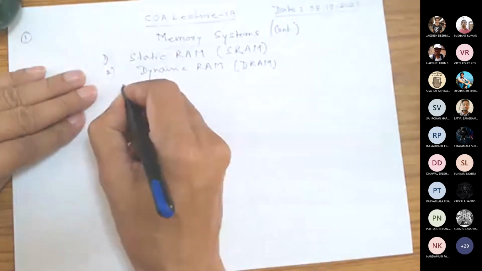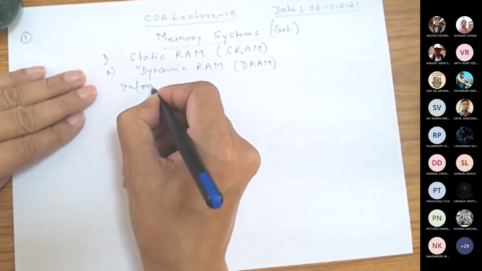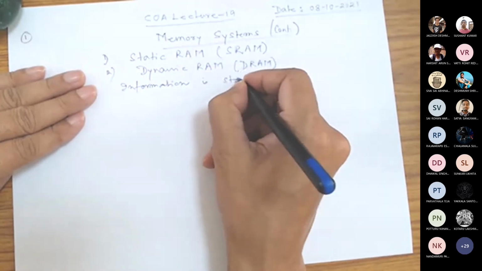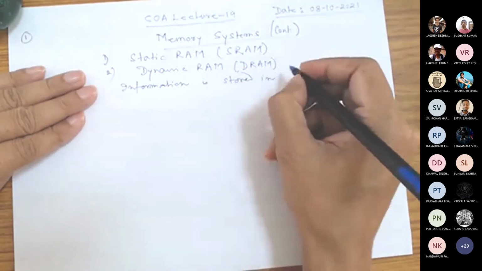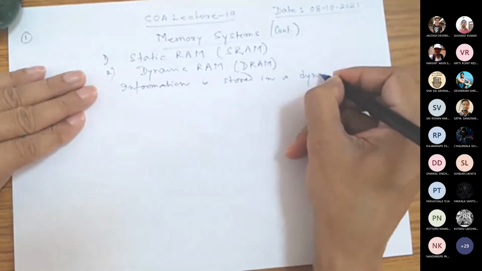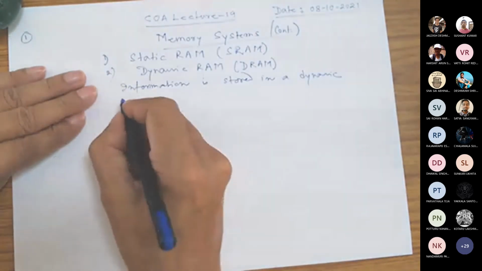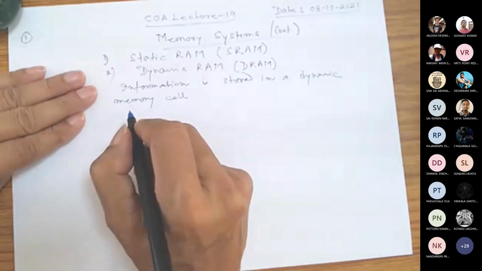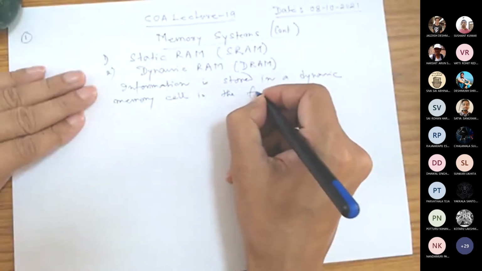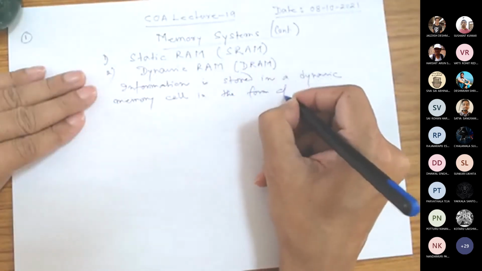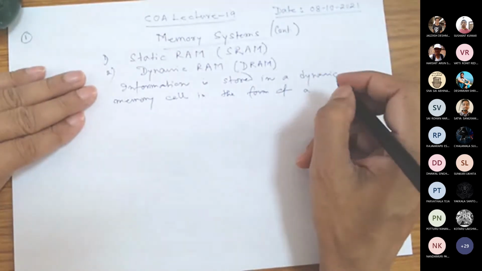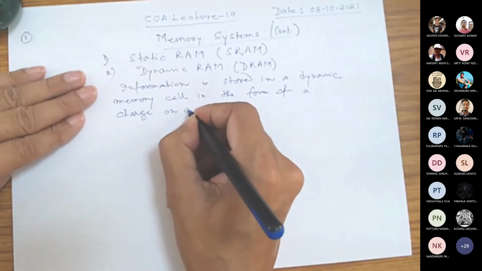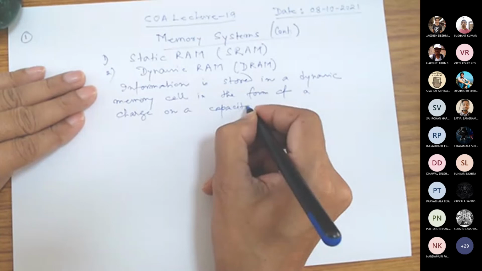So now we are talking about dynamic RAM. So information is stored in a dynamic memory cell in the form of a charge on a capacitor. That's it.